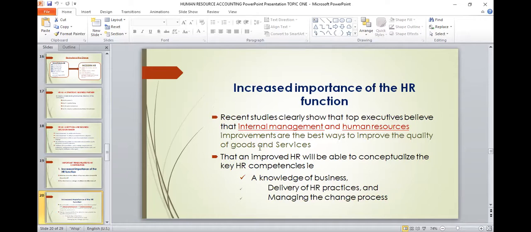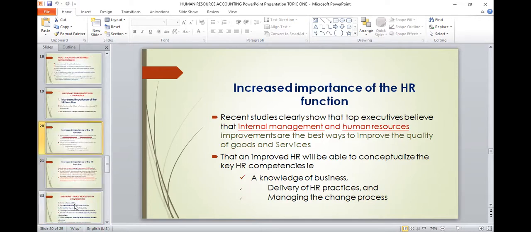We as HR practitioners can manage the changes that are happening within the business environment, and so on. This is just enough for us to demonstrate the contribution that we as HR can make in the business arena because of the significant number of improvements that are happening to our role as HR.